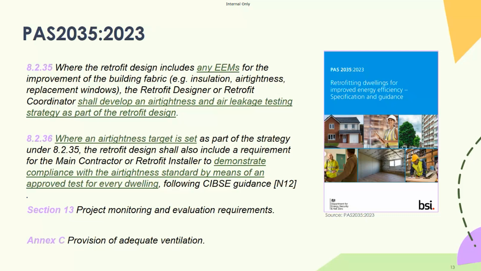tightness and ventilation. And I think if under the simplified method you're dealing with retrofit projects that are category B or C, i.e. more on the major side of the fabric interventions, a sensible strategy from a pure risk management perspective would be to test everything pre and post, 100% sample testing.